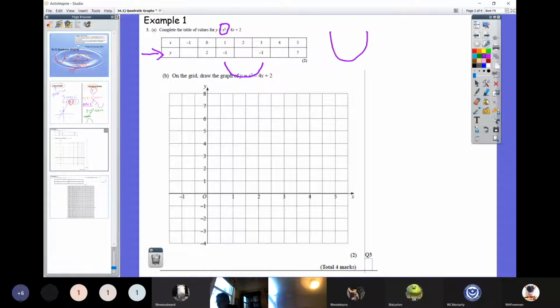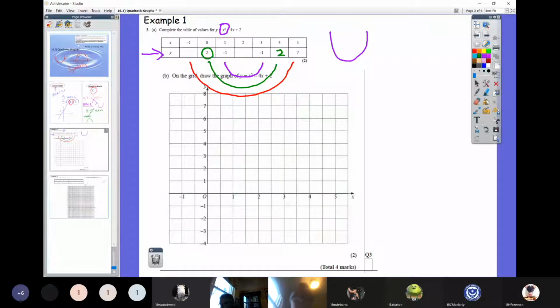So there's my purple ripple. Moving away from that, there's my green ripple, and there's my red ripple. Those values are going to be the same for both. This is the key learning point from today. I'm trying to cut down the amount of work you do. That green ripple has already got a 2, so on the other side that must be a 2.